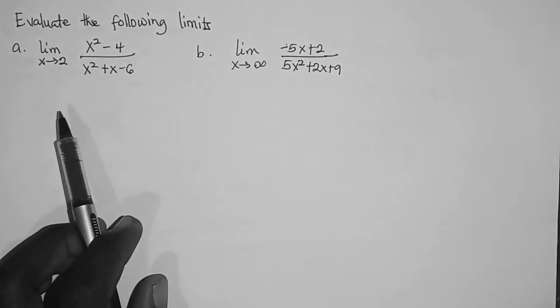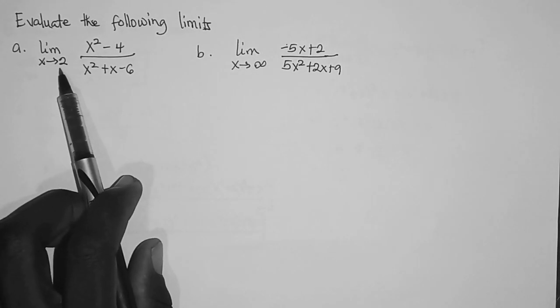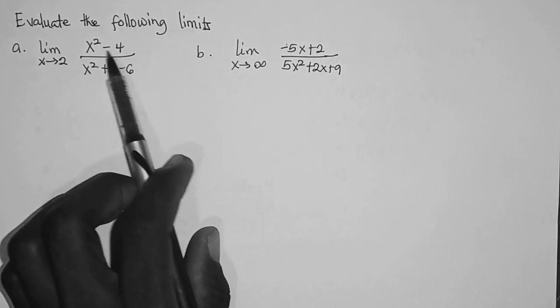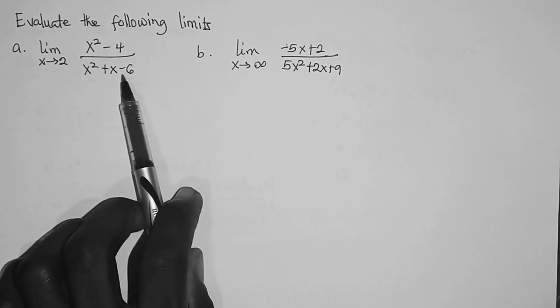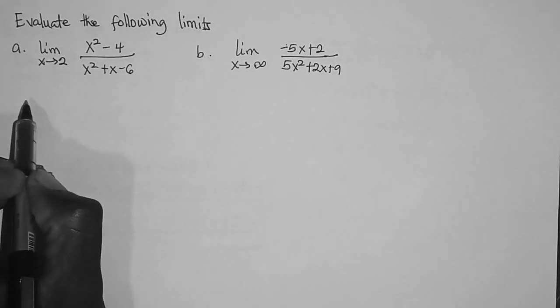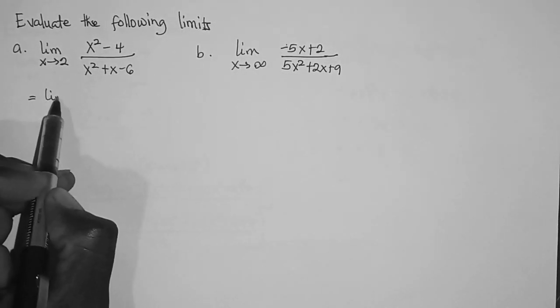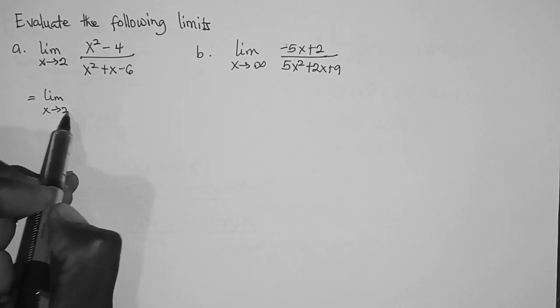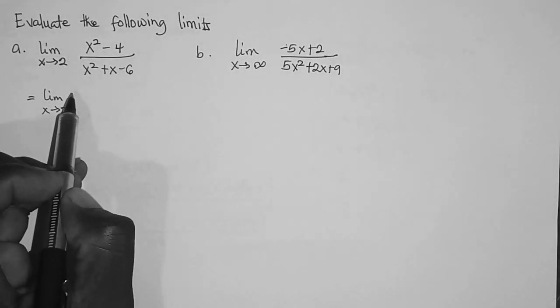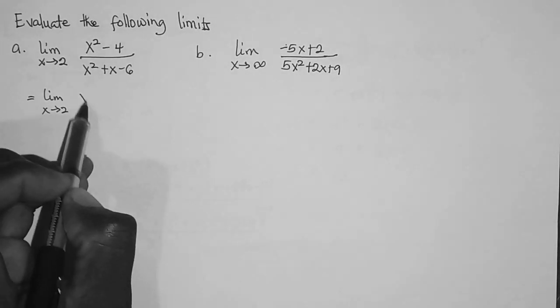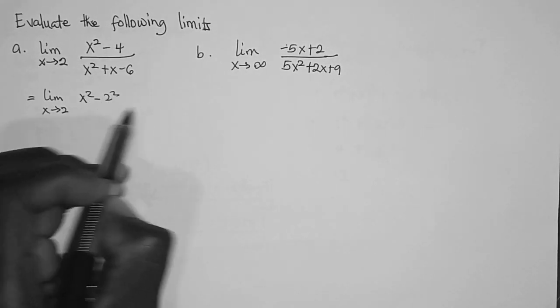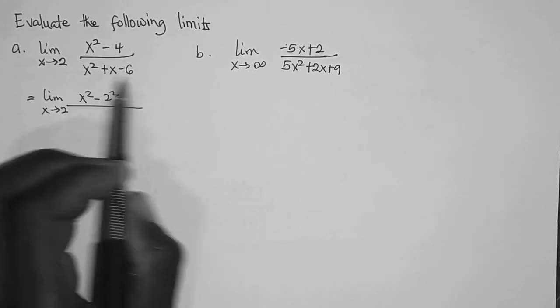Evaluate the following limit. A, limit as x approaches 2 of x squared minus 4 divided by x squared plus x minus 6. So this is equal to the limit as x approaches 2, and x squared minus 4 is the same as x squared minus 2 squared, divided by, now we can factorize this.